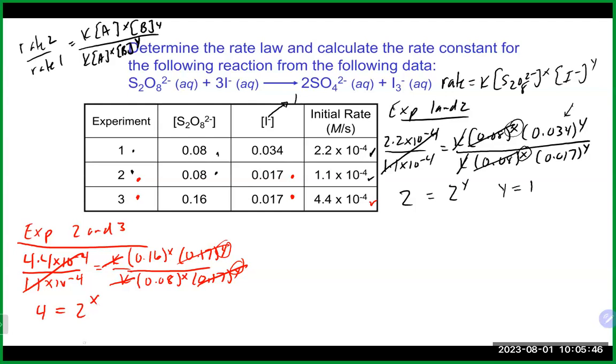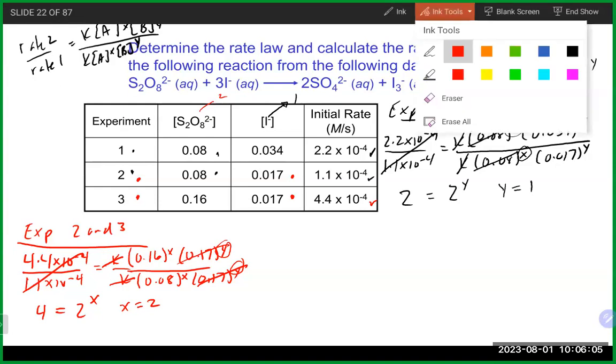In this case, X should equal 2. And again, you can take the natural log of 4 divided by the natural log of 2, which will get you 2 as well if you needed to. Any questions on that? That tells us that the order with respect to our first reactant is actually 2. That gives us our completed rate law with our orders.